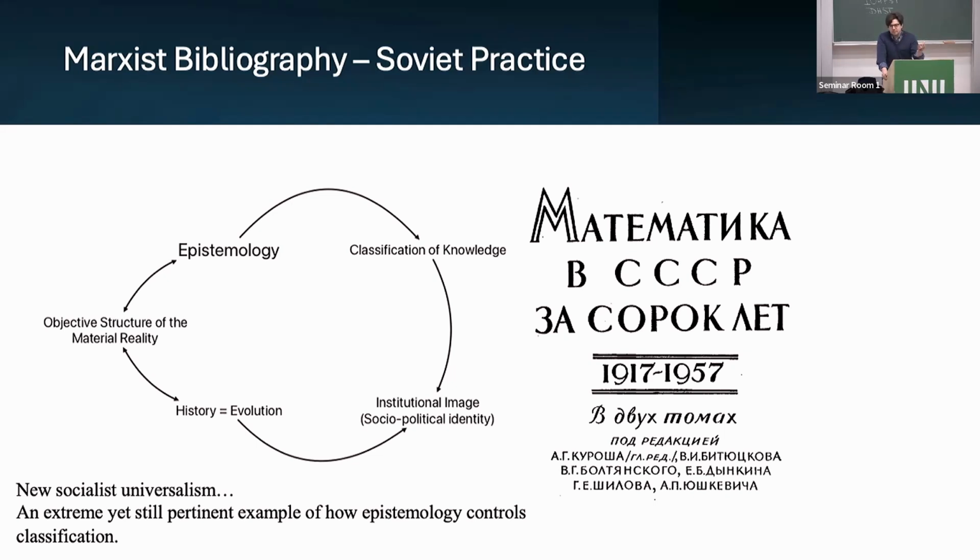As extreme examples, I'm also trying to take a look at, let's say, Chinese communist mathematics and how different epistemologies changed the ways how bibliographies were formed, how they changed classifications, how they remodeled the institutional geography of mathematics within China, and also how the same thing happened in the Soviet Union. I'm trying to use this as extreme examples of how epistemologies can affect the way, so to say, neutral bibliographies are conceived and circulated.